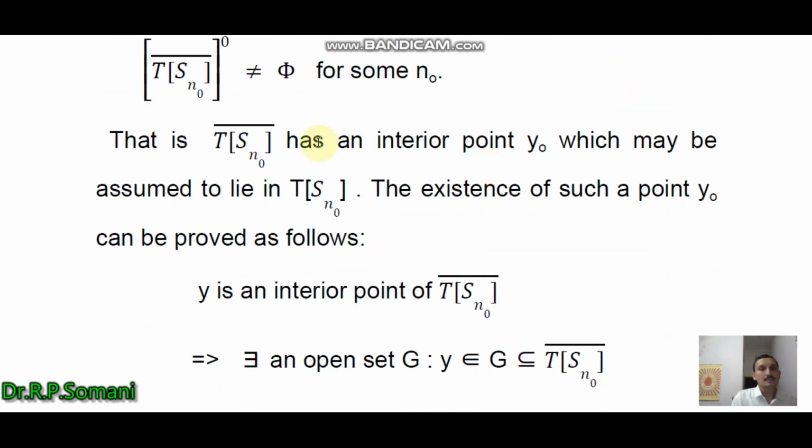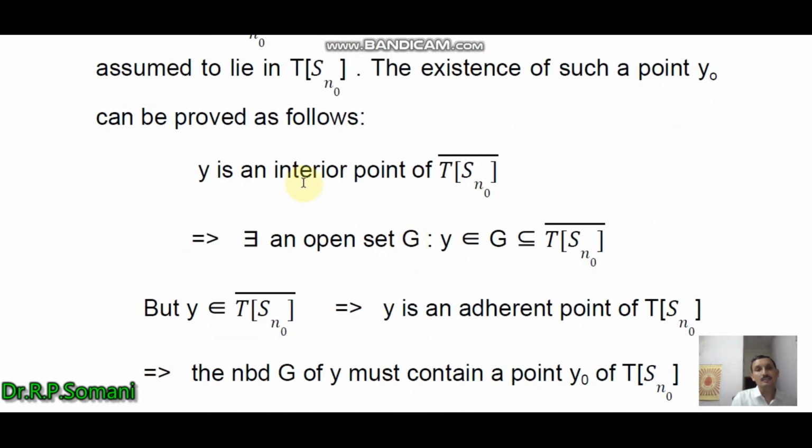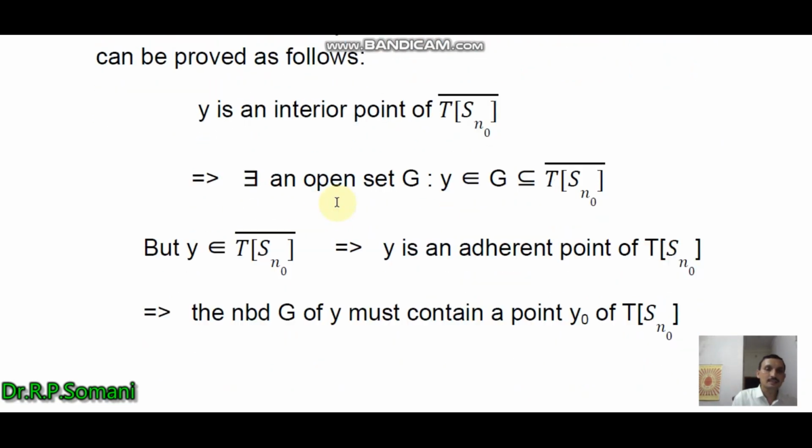So the closure of TS_n0 has an interior point y0 which may be assumed to lie in TS_n0, and the existence of such a point y0 can be proved as follows. Let y be an interior point of the closure of TS_n0. Then there exists an open set G such that y belongs to G, which is a subset of the closure of TS_n0.